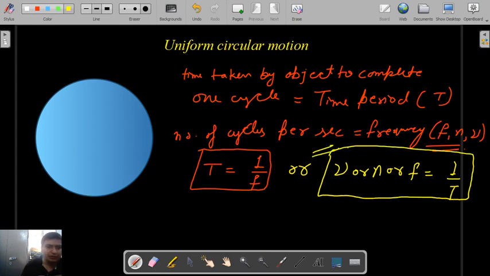Now if you are considering the angular velocity, as we know, angular velocity has the formula omega equals delta theta over delta t.